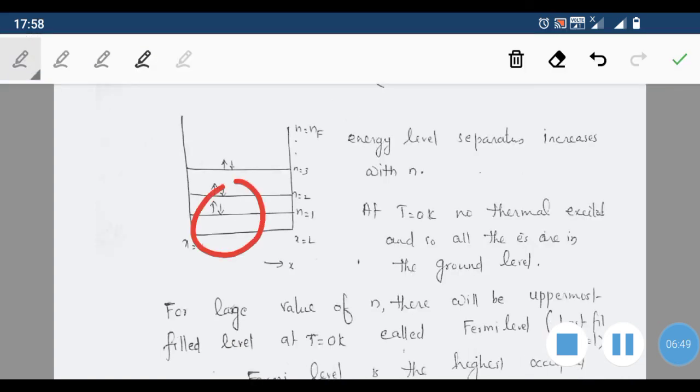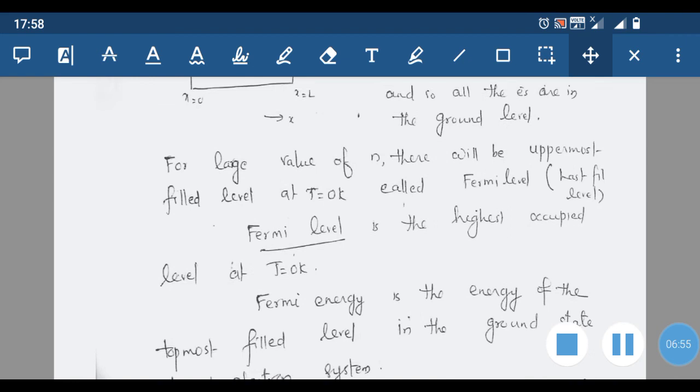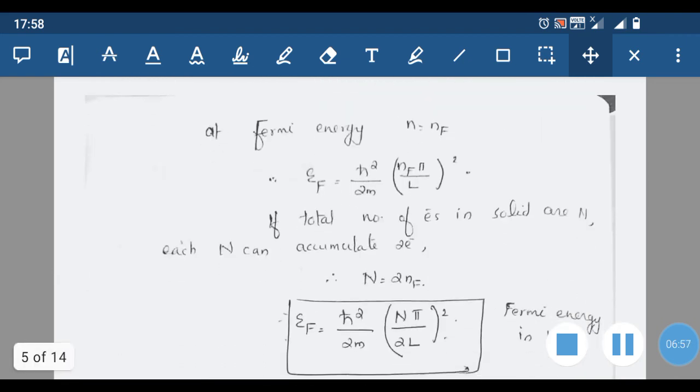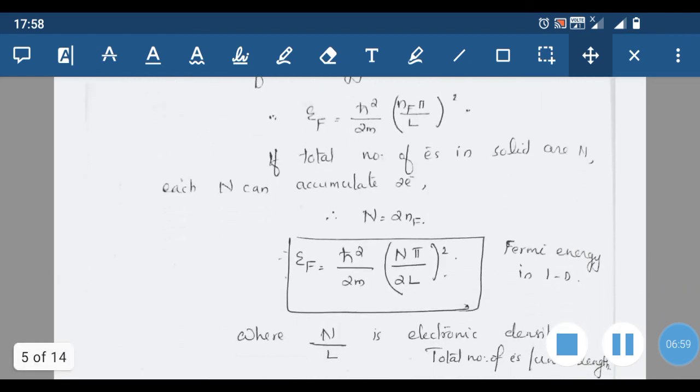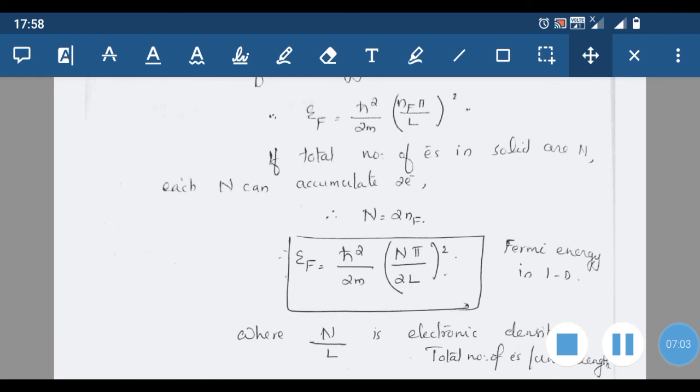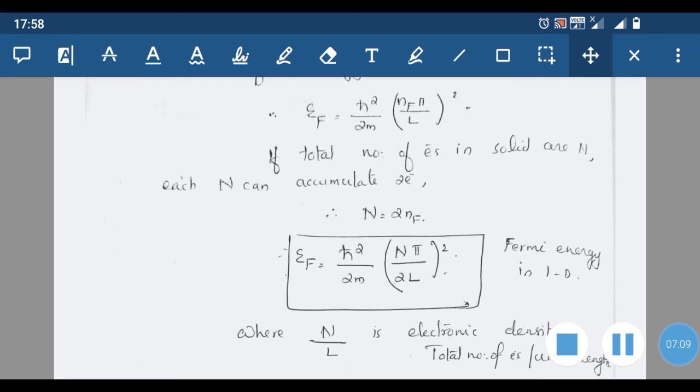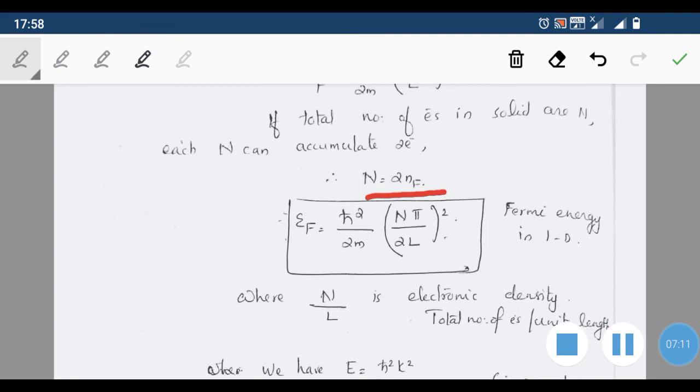So all the energy levels are occupied by 2 electrons, and we can write the expression as N is equal to 2 nF. So if the total number of electrons in a solid is N, then N will be equal to 2 nF. This is an important equation.